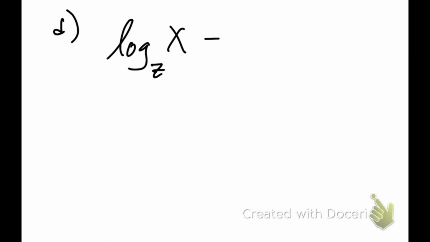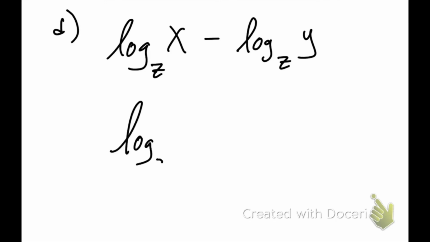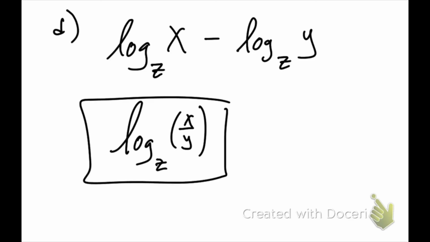Last thing, you might see a question like this. I think I'm on example D. Log base z of x minus log base z of y. How would you write that as a single logarithm? Log base z of x over y. And that's your answer.